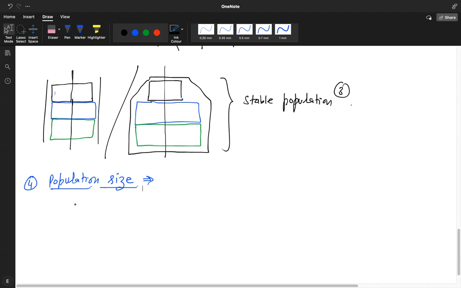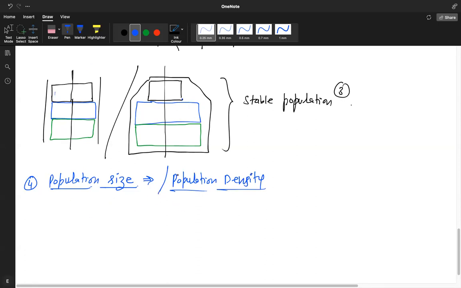So what could be the size? This population size is also referred to as population density: the number of individuals per unit area, because they will live in a space, right? They will occupy space.